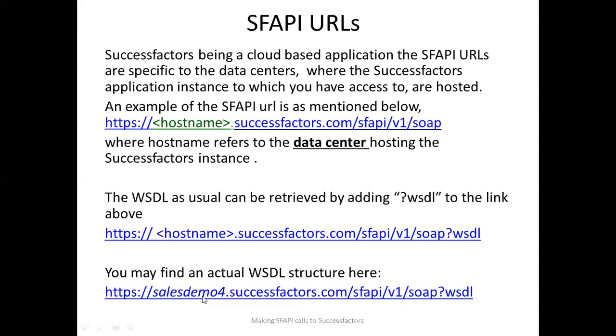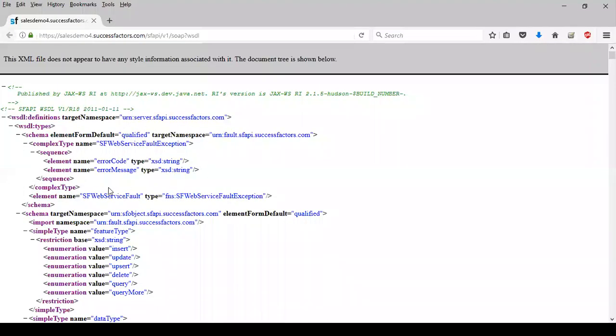Let me share the WSDL. Okay, so this is a URL: https://salesdemo4.successfactors.com/SFAPI/v1/soap?wsdl.